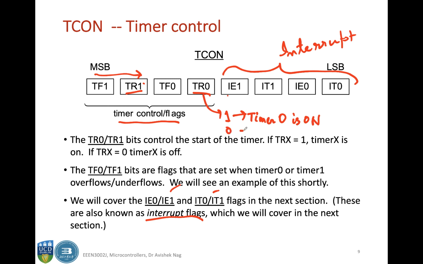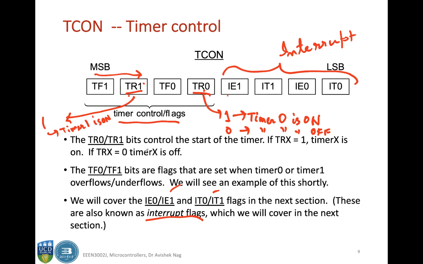If this is 0, then this means timer 0 is off. Similarly, if your TR1 is 1, then this means timer 1 is on, and if it is 0, then it means timer 1 is off.